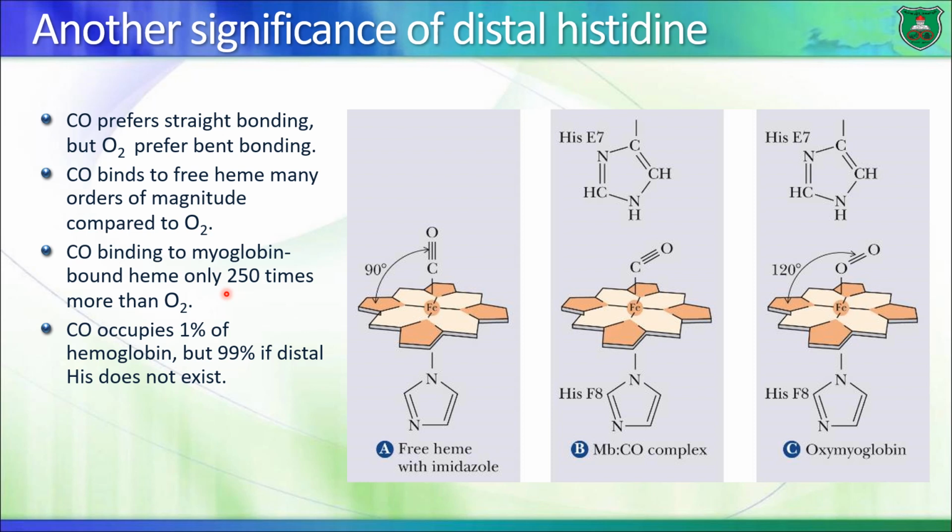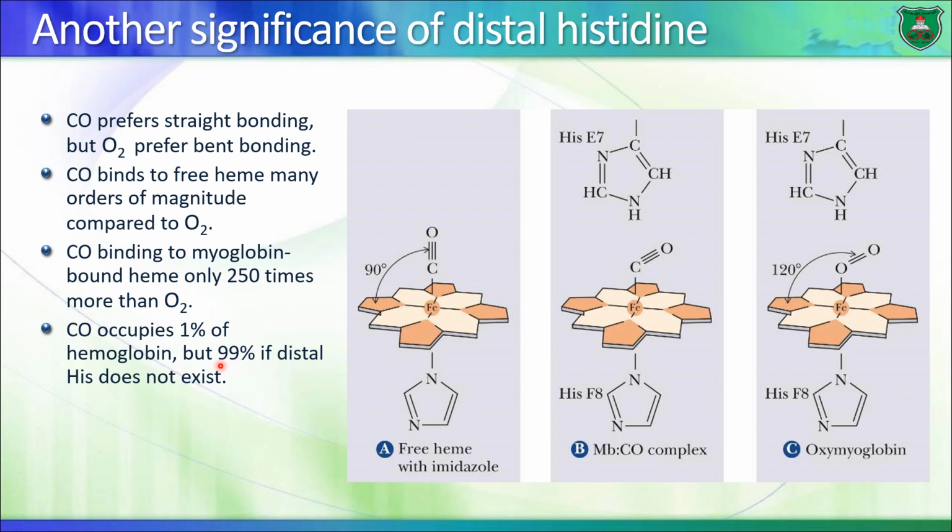Because the level of carbon monoxide in our body is very low. So oxygen wins the competition. In fact, in our body, carbon monoxide occupies only 1% of hemoglobin. Okay? But if distal histidine does not exist, then it would occupy 99% of hemoglobin.